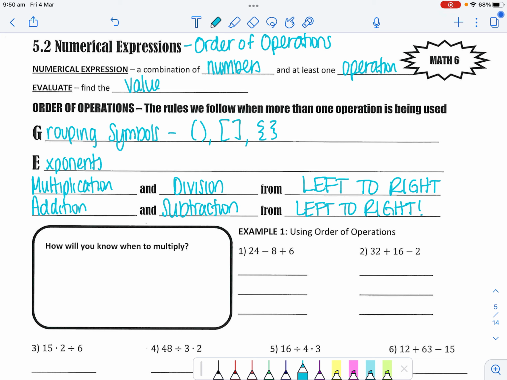One thing that we do need to talk about before we move into some examples is how do you know when to multiply? You are going to know when to multiply when you see a dot. So 2 times 3 is multiplication. You are going to know when both numbers are in parentheses. You are going to know when one number is in parentheses.